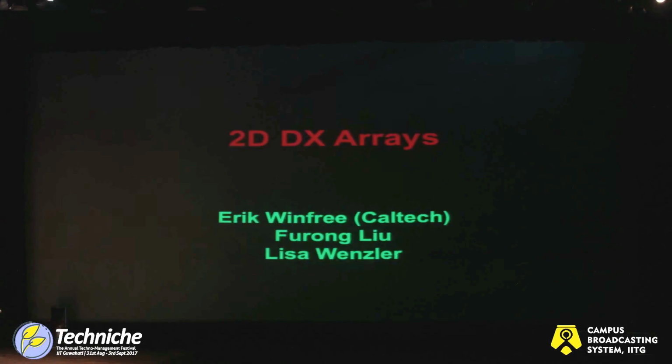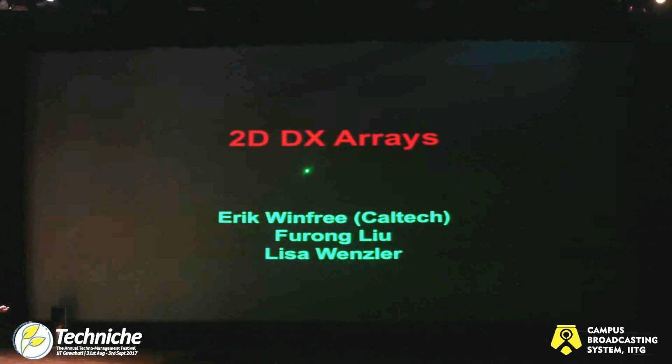And the very first thing we did with this system was to build two-dimensional arrays from the DX molecule. This was work done collaboratively with Eric Winfrey of Caltech. Frang Liu and Lisa Wensler in my laboratory did the following experiment. We took a DX molecule and another DX molecule, and you can see here we're representing the sticky ends just geometrically.